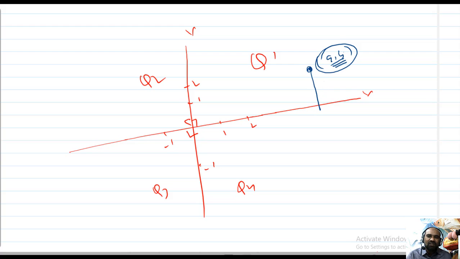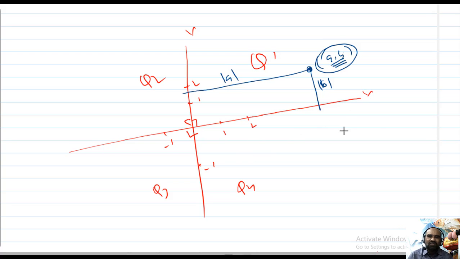This is b, so this is a. Actually we need to write the modulus, distance being positive, so this is mod a and this is mod b. The distance from the point to the y-axis is mod a. The distance from the point to the x-axis is mod b. So this is the definition of an ordered pair on the coordinate plane.